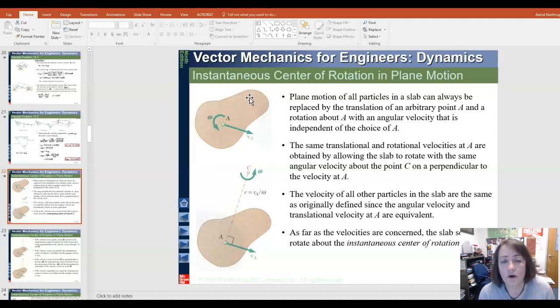When we divide up the motion into a rotation and a translation, we can also think about this velocity as being every point on the slab rotating about some point. That point, which is shown here as point C, there's no reason that it would be on the slab.